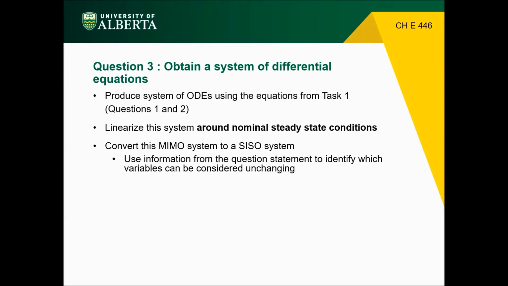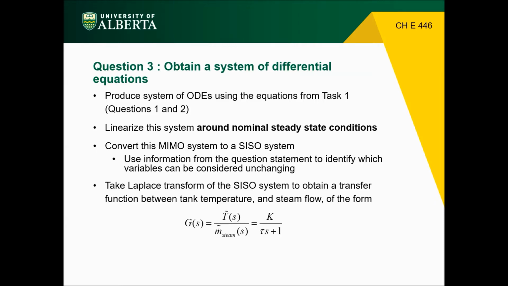You can figure out which input and output variables to consider unchanging by referring to your problem statement. Then, obtain the transfer function of the simplified SISO system by taking the Laplace transform of the equation. Make sure that when you report the final transfer function model and identify the coefficients in the model, you include their units as well.